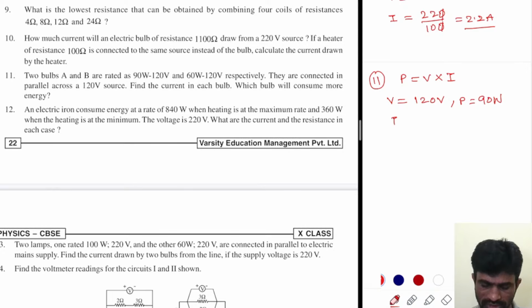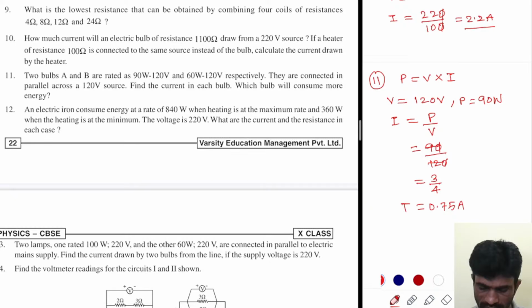So I in the first case, I is equal to P by V, because P is equal to V into I. So what is P now? P is 90. What is V? 120. So what happens here? 3 ones are 3, 3 fours are 12. It is 3 by 4 amperes, or you can also write 0.75 amperes.